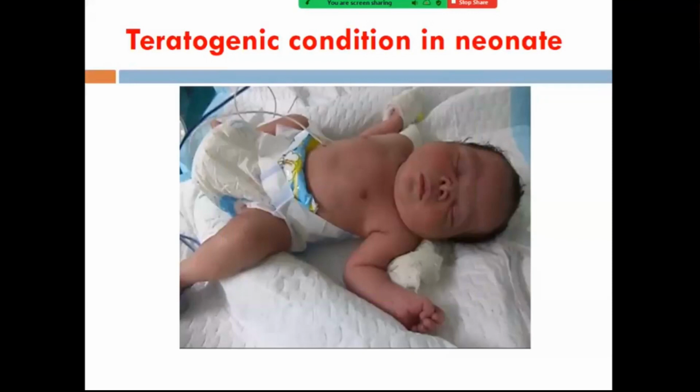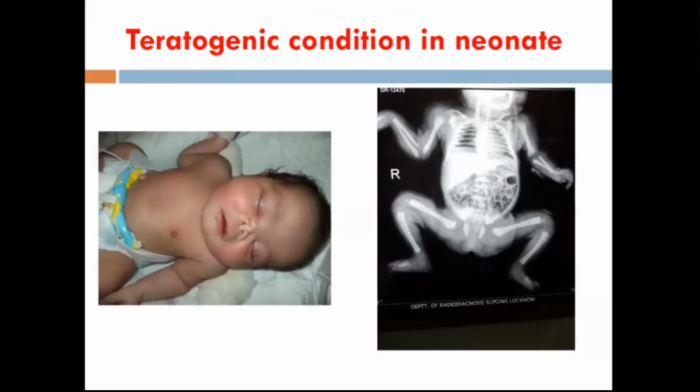Very small nose. There is no nasal bridge, right? When they called me in the newborn, I had asked for an X-ray. And what is this? Stippled, yes, chondrodysplasia punctata. So this is fetal warfarin.